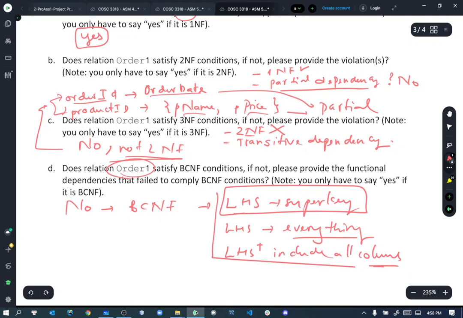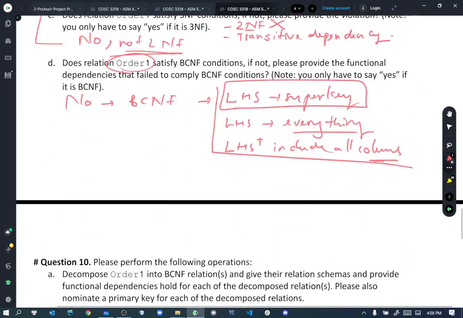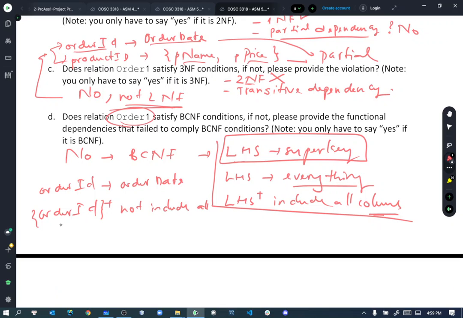It has to hold for all of the functional dependencies. But we see from here that order ID determines order date, and the closure of order ID does not include all attributes, because it only has order ID and order date.